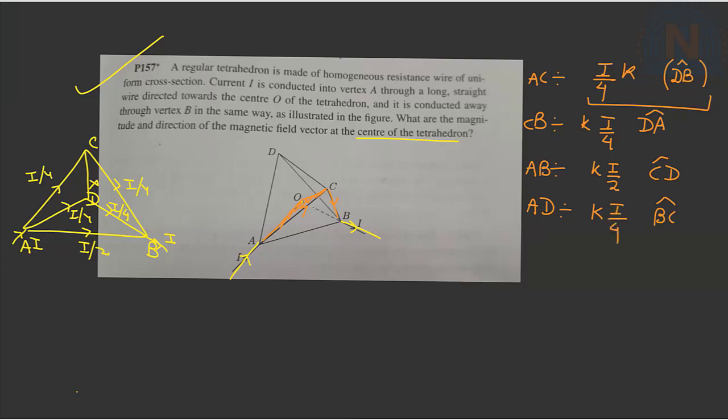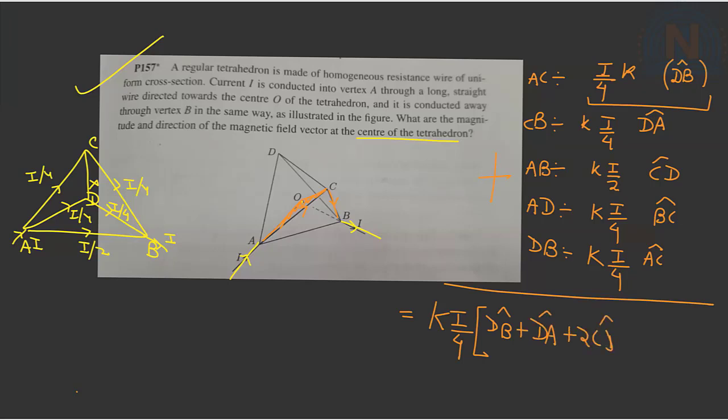That has come. Which one is left now? DB. Only these 5 edges are there. So for DB direction, what are we getting? AC cap. Yeah. Check it. AC cap is coming. K is there in DB, and what is the current in DB? DB is I by 4.